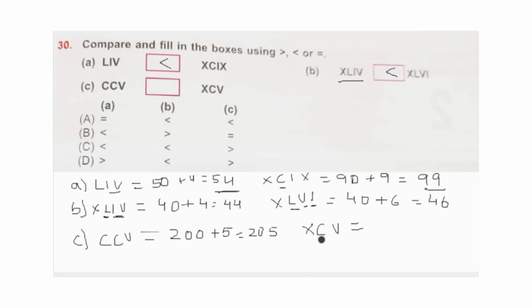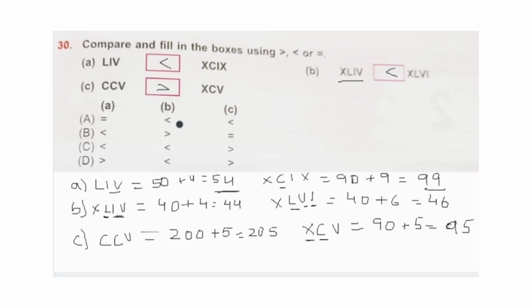So there is an X before C. C, as you guys know, is 100, and when you subtract 10 out of it, will leave us with 90 plus V is 5, giving us 95. Now here 205 is greater than 95.